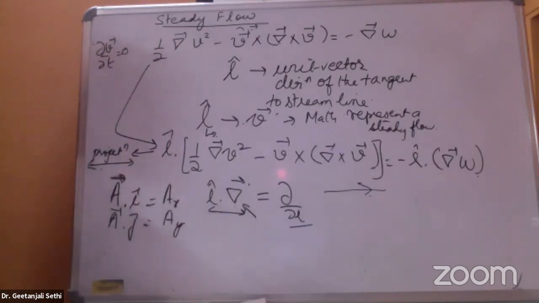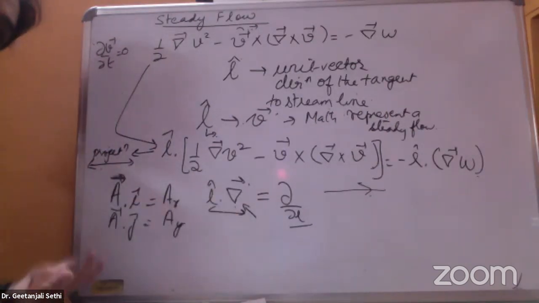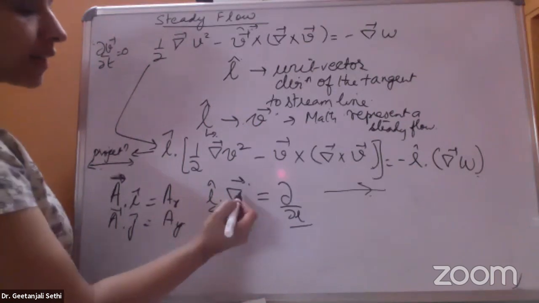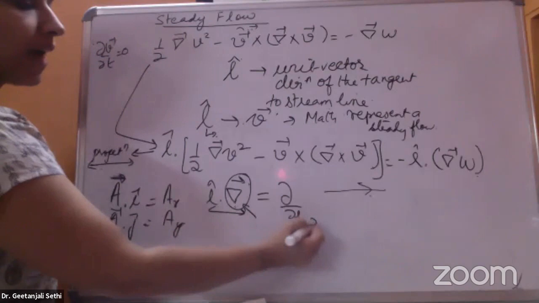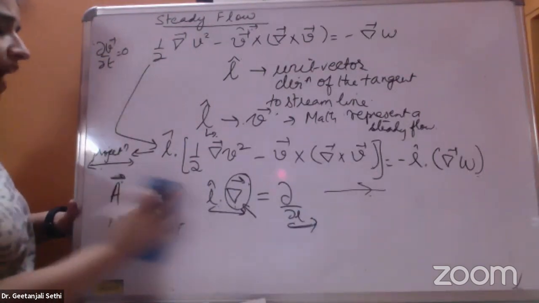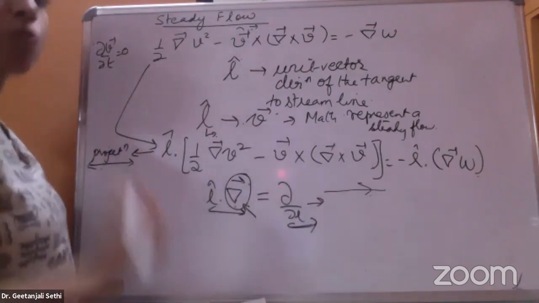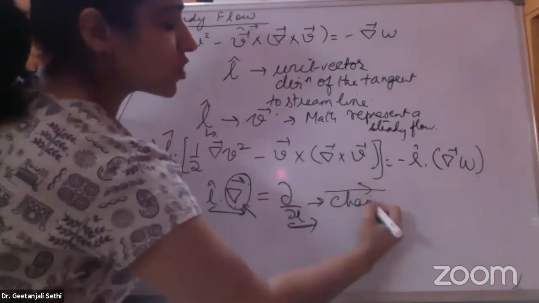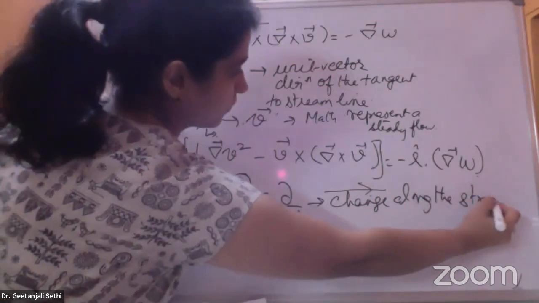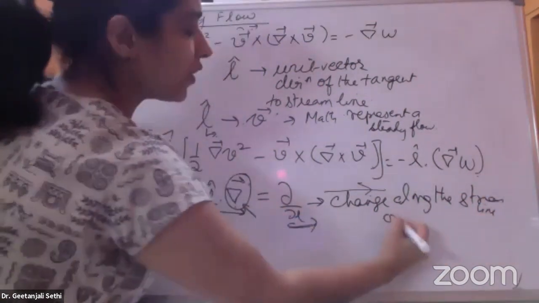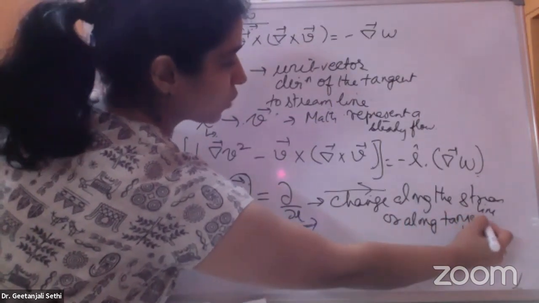It measures change in quantities, right? So when I do L dot del, what does that mean? I look at the component of the gradient along the L direction. So this operator is now going to measure change along the streamline, or along the tangent to the streamline.